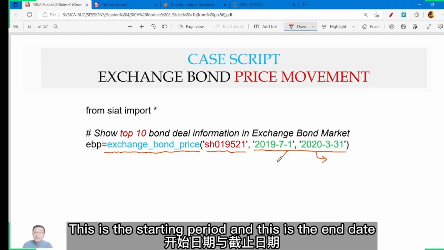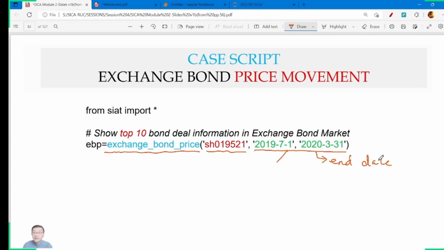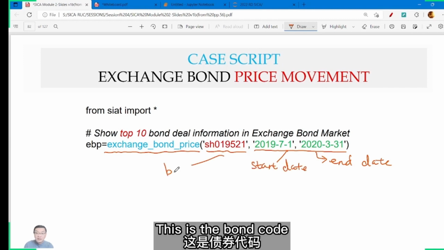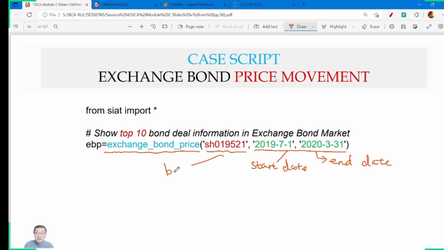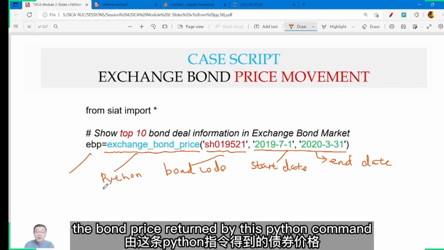And this is the starting period, and this is the end date. This is the start date. This is the bond code. This is the Python command. This is a variable. Its content is the bond price returned by this Python command.